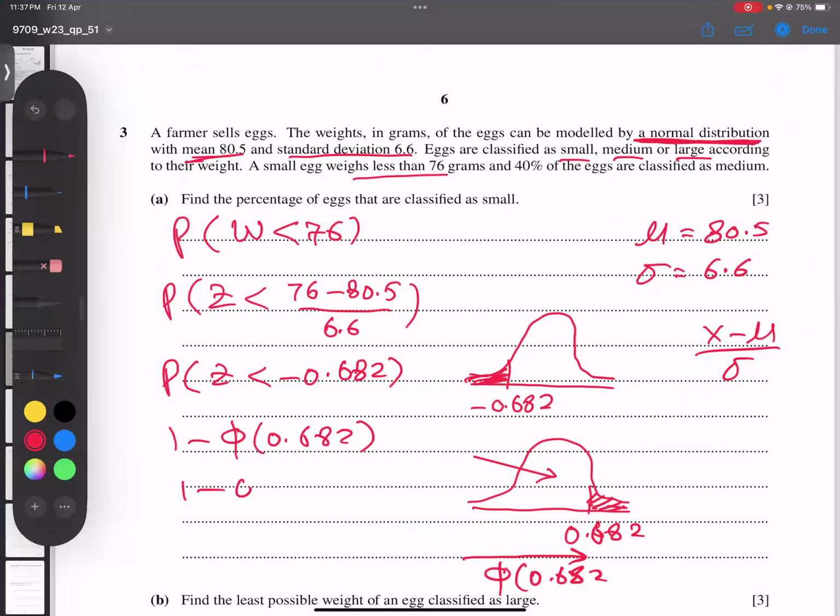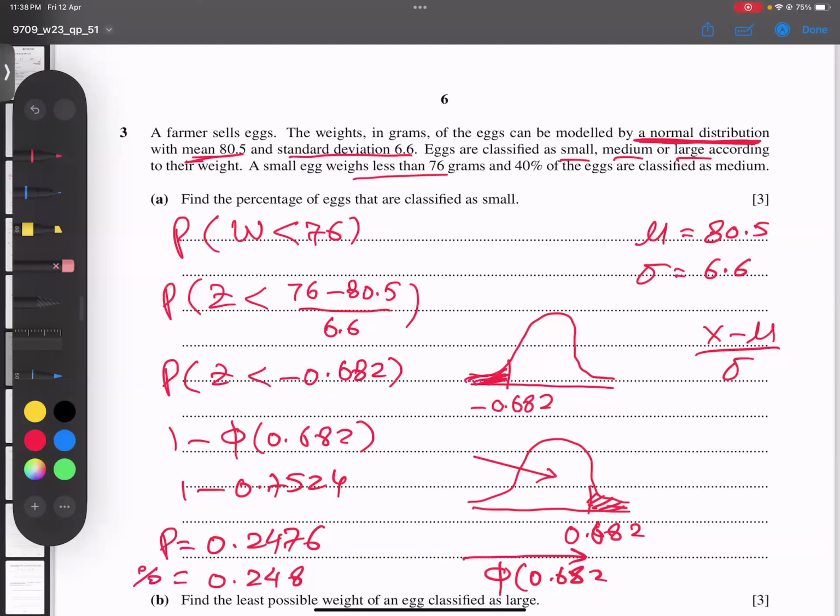And 0.7524. After subtracting, it becomes 0.2476. And I hope you got my point. Writing in 3 SF, we get 0.248. Okay, and because he was asking for a percentage, we have to multiply this value by 100, because it's a probability and we need a percentage.